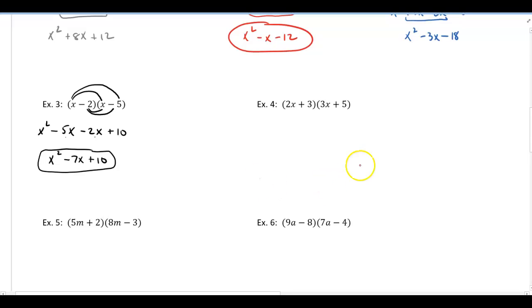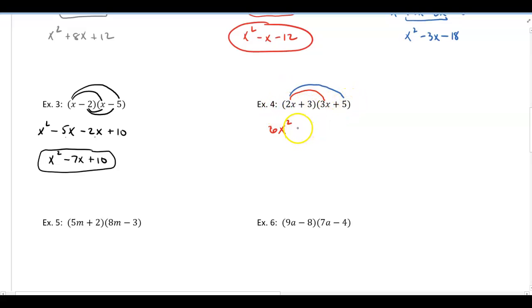Okay. Here's where it gets maybe a little more complicated, when you start adding coefficients in front of the x. But take it piece by piece. First terms, 2x times 3x. 2 times 3 is 6. x times x, x squared. Then 2x times 5.